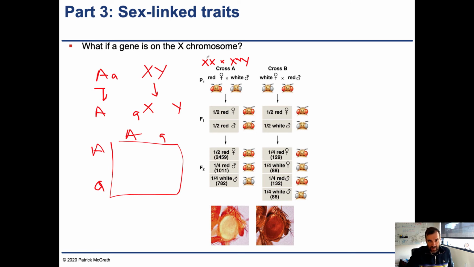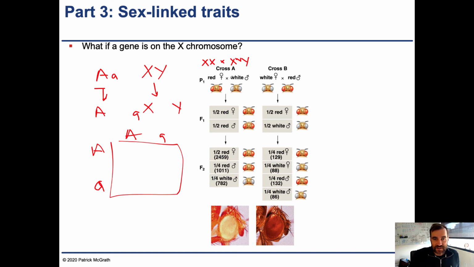There's a wild type copy of it, which we're just going to call X, and these flies are red. And then the males have this white allele on their X chromosome, and then they have a Y as their complementary chromosome. The Y chromosome does not encode this gene. So for this gene, the males are effectively haploid.